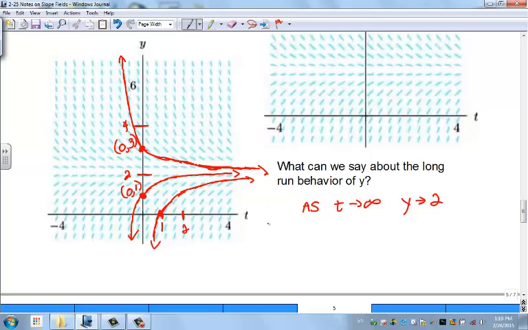And what else happens? Well, if y0 is greater than 2, if your initial y value is greater than 2, and t approaches negative infinity, then y approaches, well, what happens? Let's look at it. As I approach negative infinity, my y's approach positive infinity.